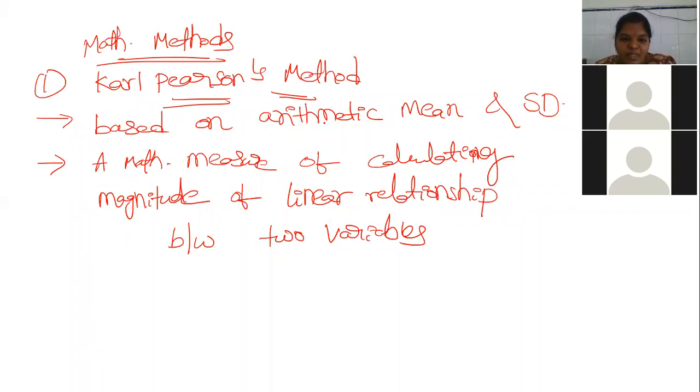So Karl Pearson's method is a mathematical measure which calculates a linear relationship between the two variables.